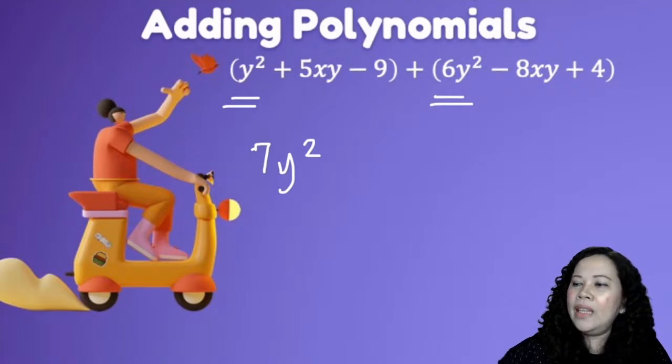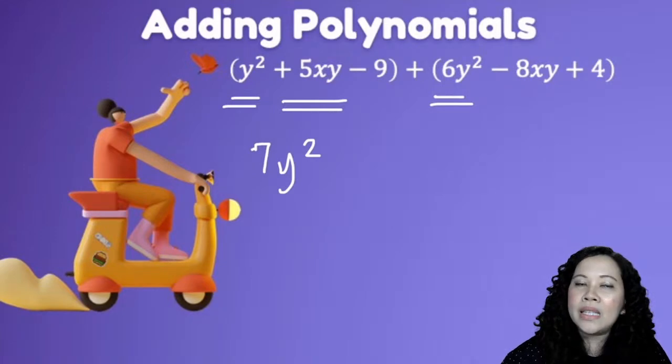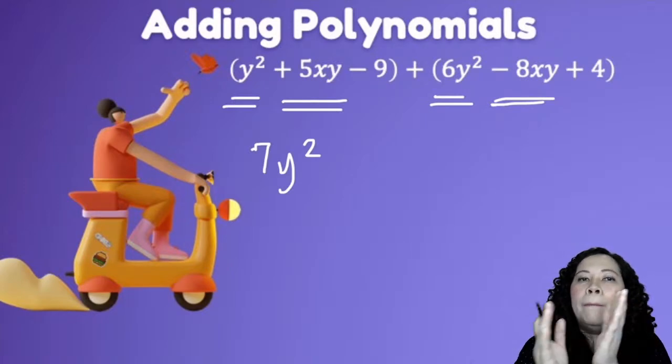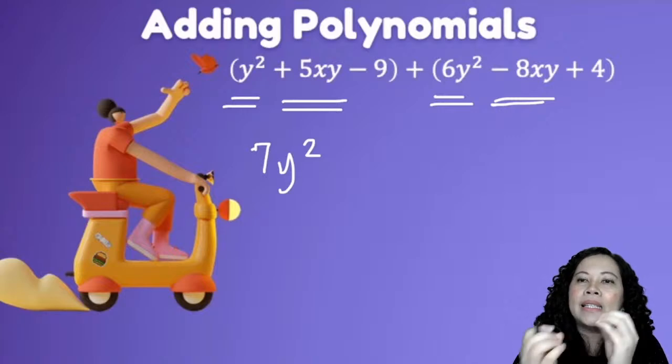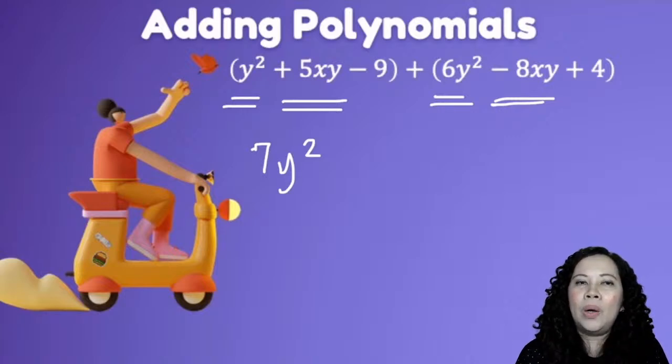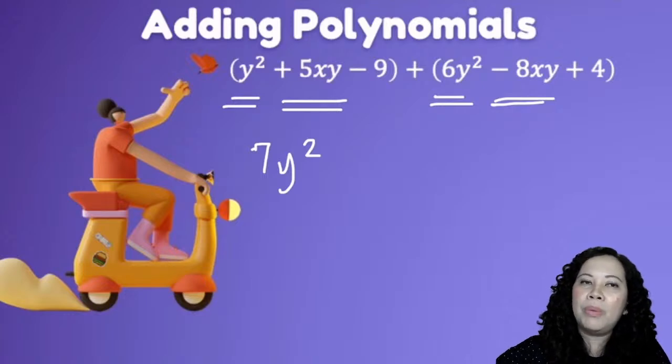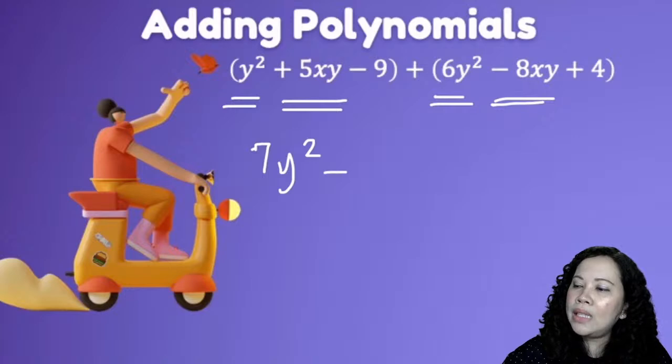And then the next one will be positive 5xy and negative 8xy. So 5 minus 8 is negative 3. What we do is take the difference, 8 minus 5, and then copy the sign of the bigger number. The bigger number is negative 8, so that will be negative 3, and then copy xy.